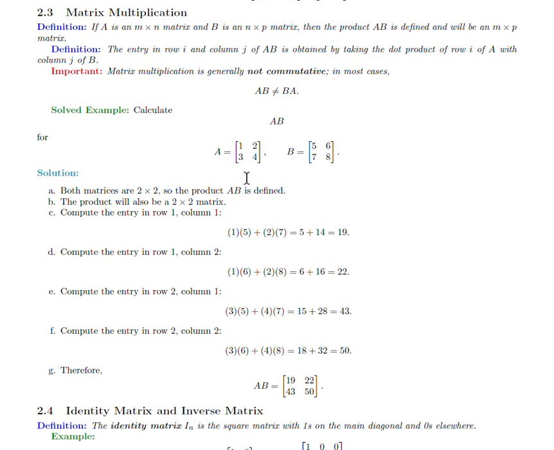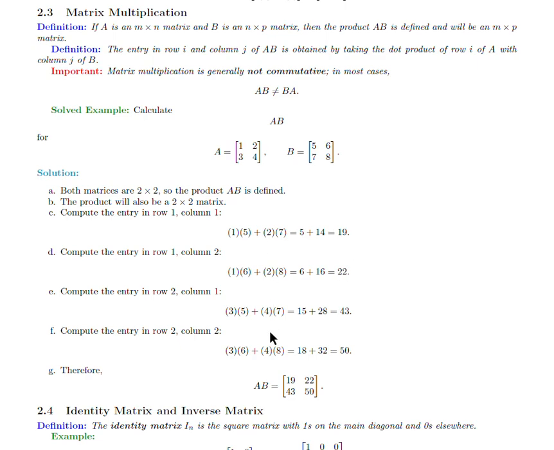For row 1, column 2, this 22, you take the first row in your first matrix against the second column in your second matrix. So that will be 1 times 6 plus 2 times 8. That gives us 22.